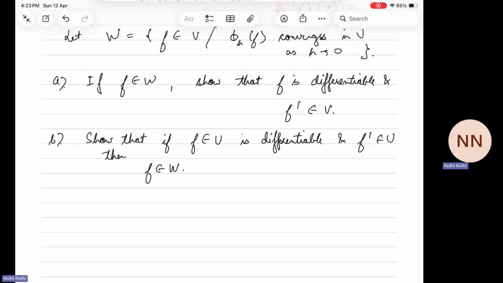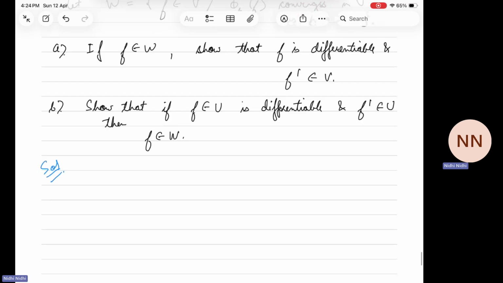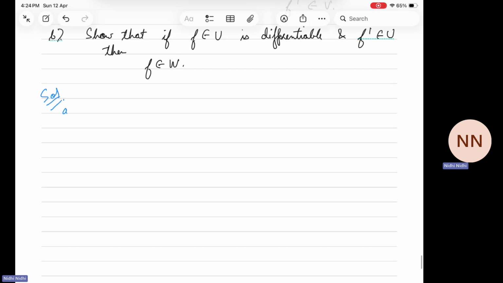Let's tackle the problems one by one. So firstly, it says that if f belongs to W, then f should be differentiable. Let's start with f being an element in W. That means phi h f is convergent as h goes to 0.